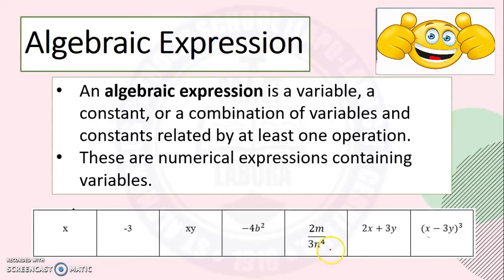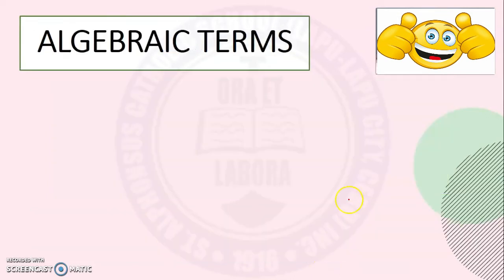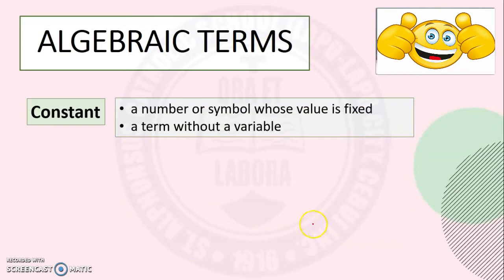Now, let's proceed to the different terms or words that are commonly used in algebra. We have here the algebraic terms. Our first algebraic term is constant. What is a constant? A constant is a number or symbol whose value is fixed.